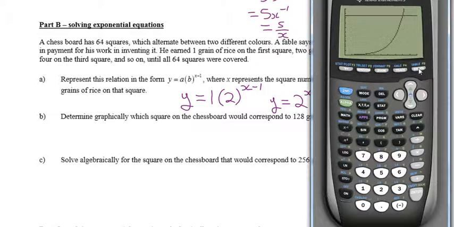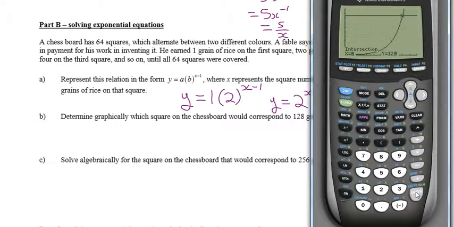We can almost count it off of here, but we'll do an intersect. So second calc, intersect, first curve. What I like to do is just move along the curve until I'm at or close to the point of intersection, and then hit enter 3 times. So first curve, I've got my 2 to the x minus 1. Second curve, I've got the y value of 128. And then a guess, and we get that x is equal to 8.